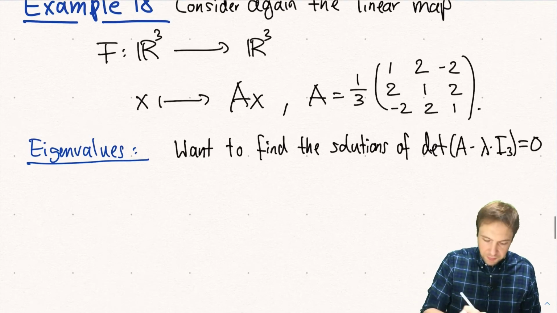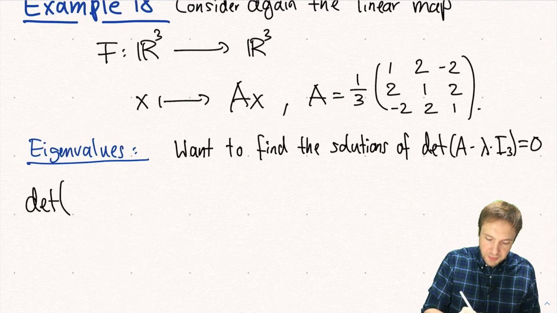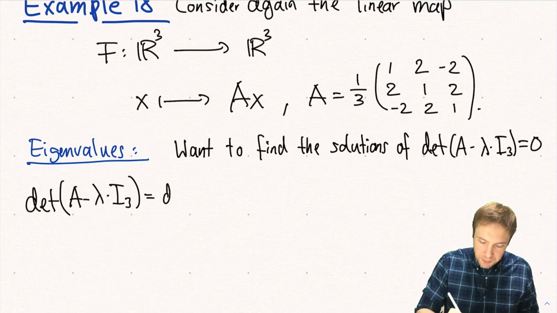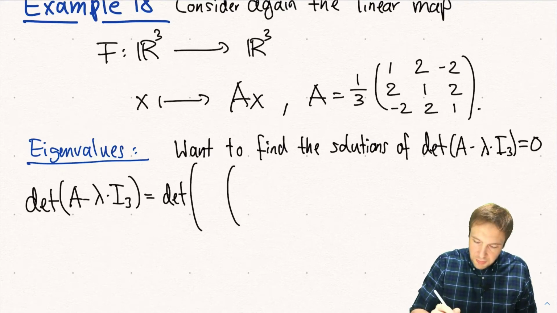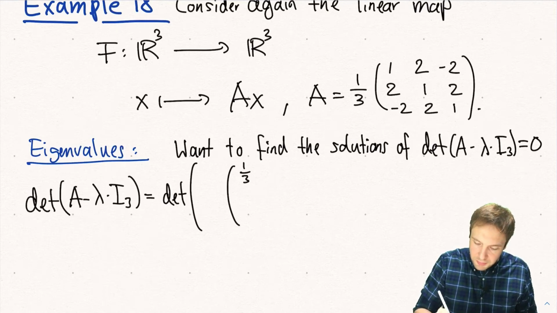So let's write this down. So what is A minus lambda times identity? Well, this is the determinant of 1/3, 2/3, minus 2/3, 2/3, 1/3.